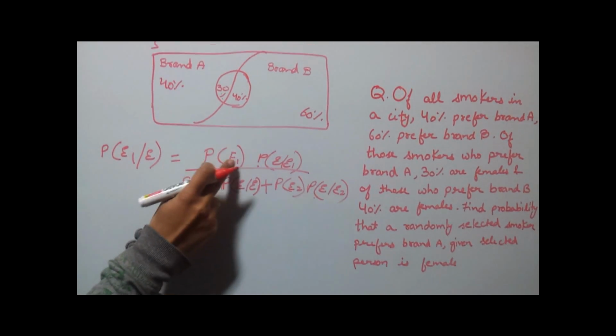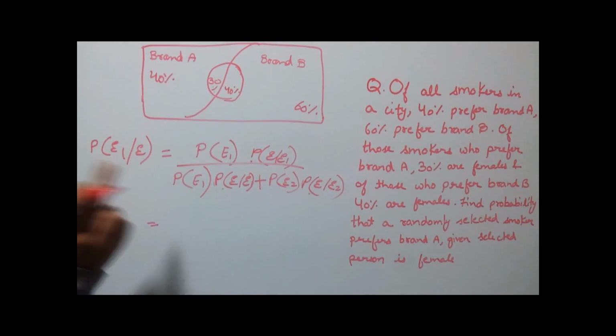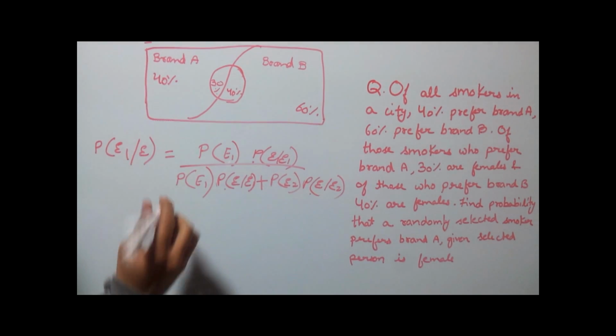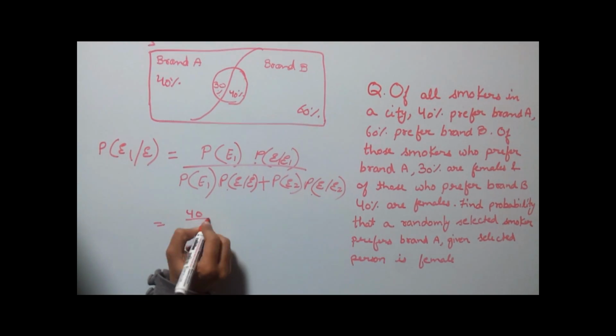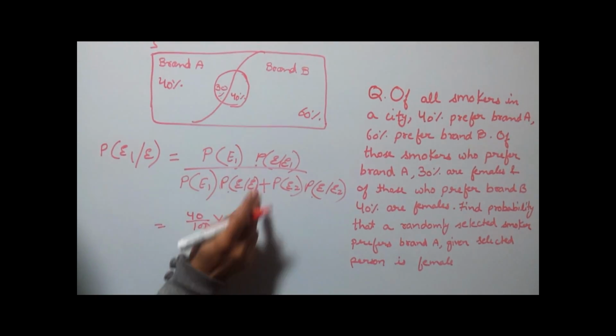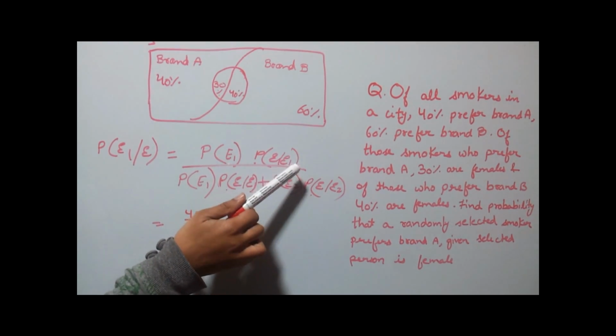Now the probability of E1, which is brand A here, is 40 by 100, so it would be 40 by 100 into the probability of E given E1.